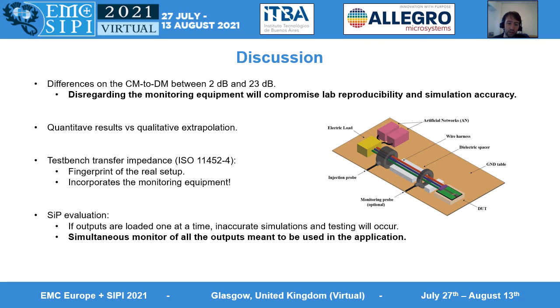So we consider that in case of dual devices, like the one I showed before, all the outputs need to be monitored simultaneously, or at least in the same conditions as they will be used during the real application. That's the only way we consider we can keep the correlation with the real application, which is the ultimate goal of this kind of system level tests.